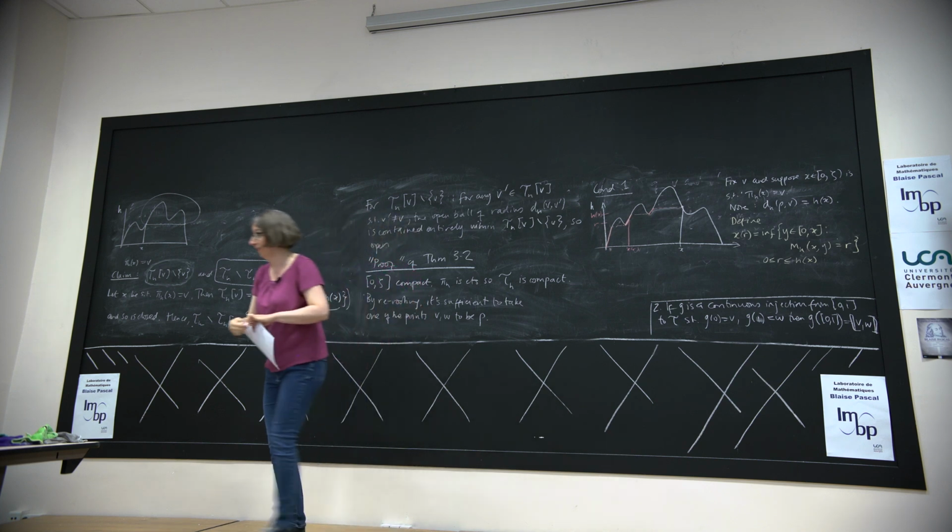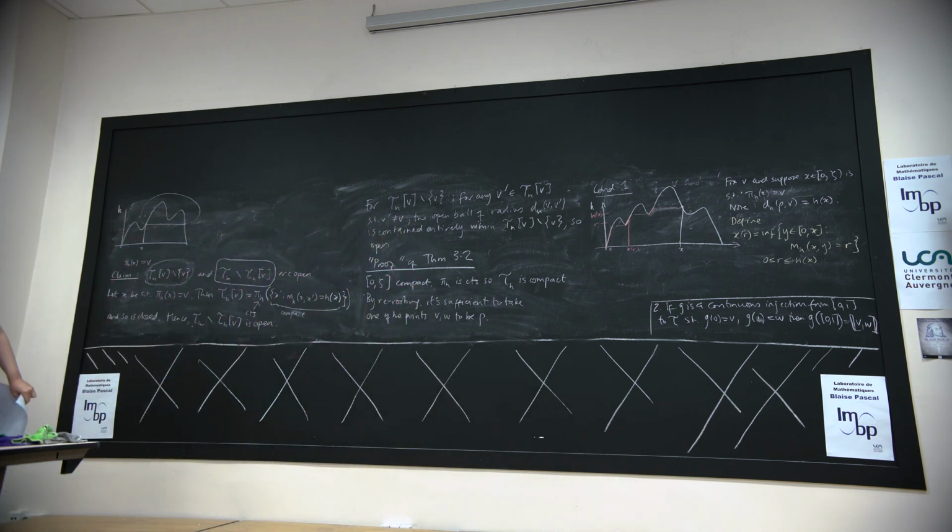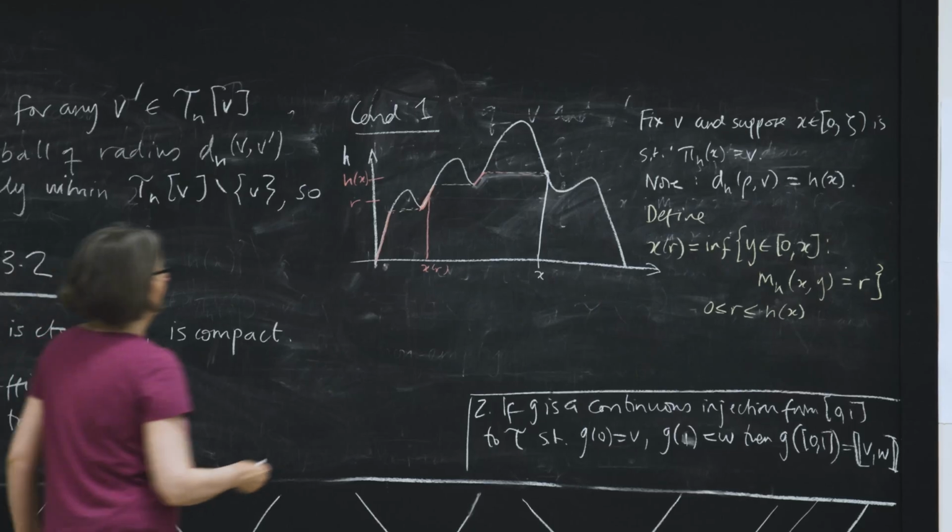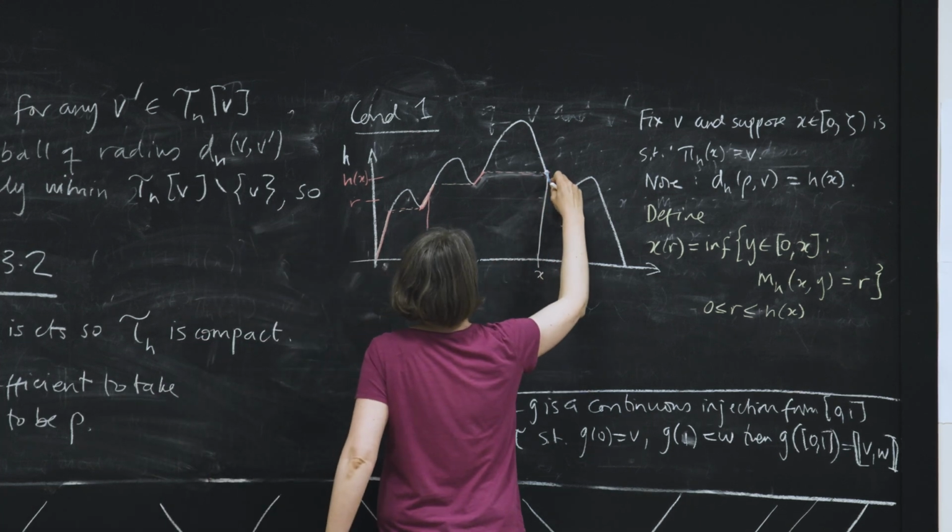So I've got multiple pre-images for points in my tree. So what might have been another way of going about this? I could have said, well, let's take the largest such. So here's another way of doing it.